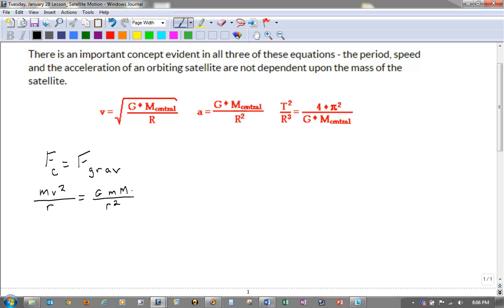So what we want to look at, and I probably should have made the capital M a little bit bigger to make it obvious: in these formulas, the lowercase m stands for the mass of the orbiting object.